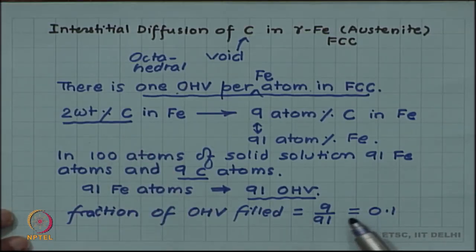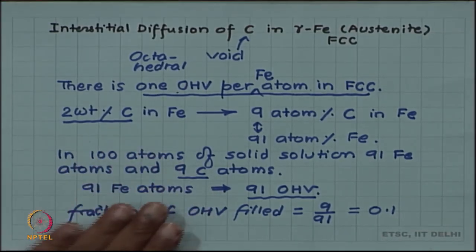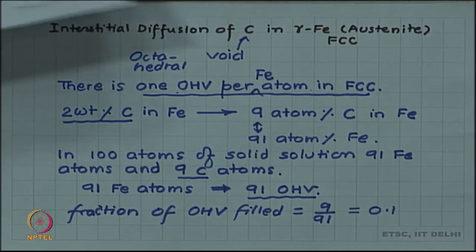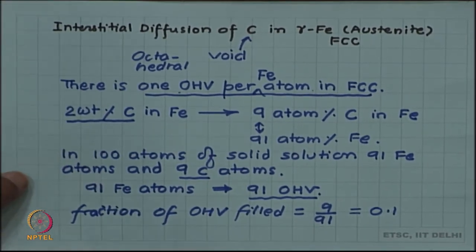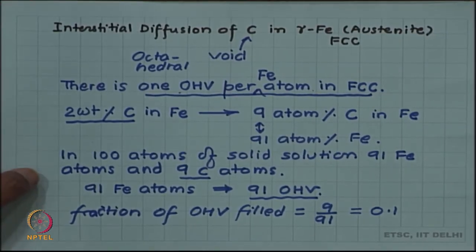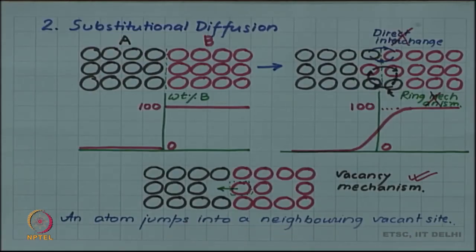So, you can imagine that the probability of finding a vacant site will be very, very high. So, in interstitial diffusion this vacancy problem does not come, and one does not consider it difficult for an interstitial solute to find a vacant site, whereas in substitutional solution the presence of a vacant site is important for diffusion, and the vacancies are in very low concentration.